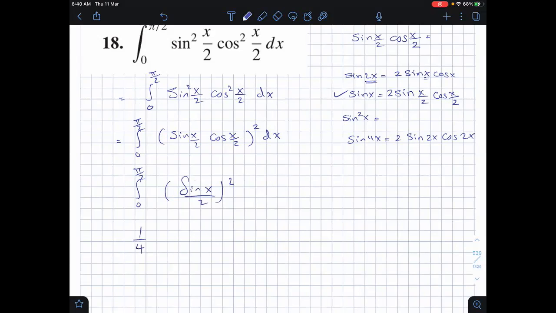So the same, 1 over 4 times the integral of sine squared x dx. Rewrite sine squared x as 1 half minus 1 half cosine 2x, dx.